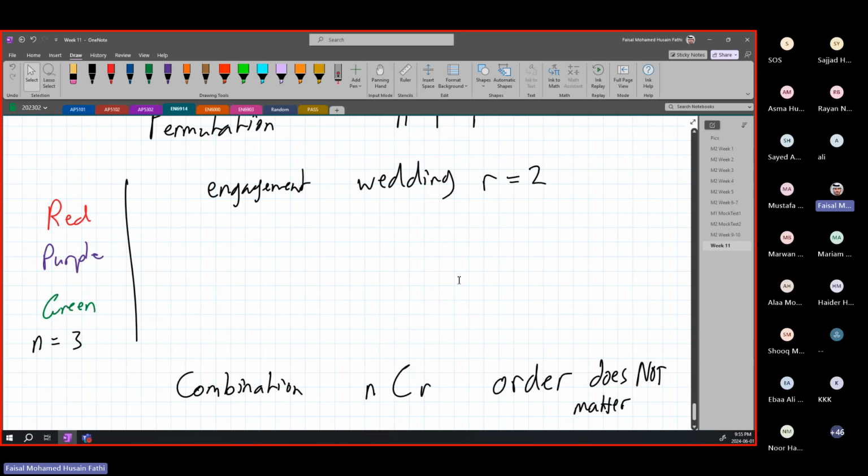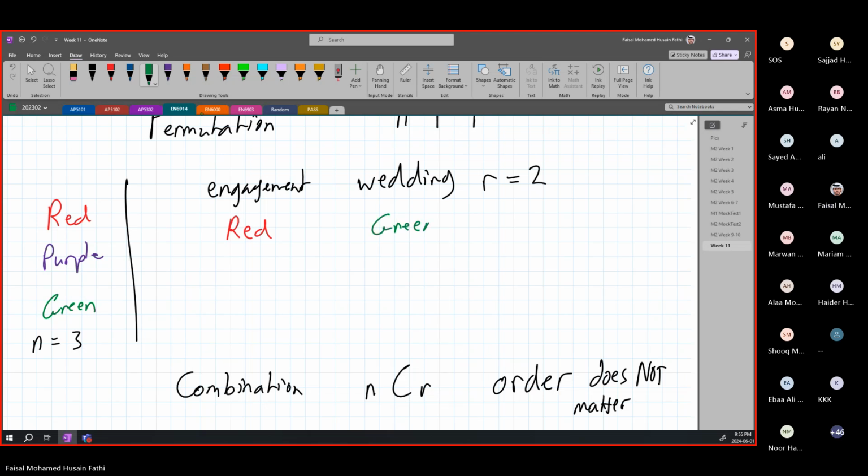So say you have to travel, all right, and you need to select dresses. Okay, it doesn't matter which one you're going to wear when. It doesn't matter if I wear red the first day or green the second day or whatever, you just have room to carry 2 dresses with you. So the first option could be red and green. It doesn't matter the order, so it can be red, green, or green and red. The order does not matter. The other choice is going to be red and purple.